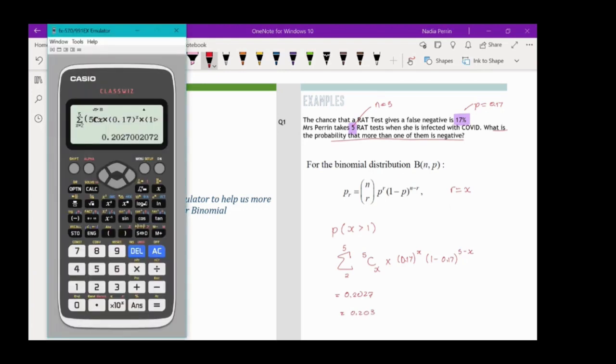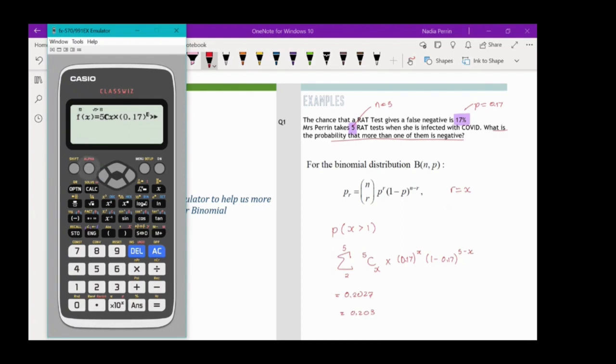If you didn't want to sum them up, you actually have a table function as well on your calculator. And you can put the function in the exact same manner. 5C alpha x times 0.17 times 1 minus 0.17. Oh, I forgot to do to the power of 5 minus x. Let me just go back and put to the power of x. Otherwise, we're definitely getting the wrong answer.